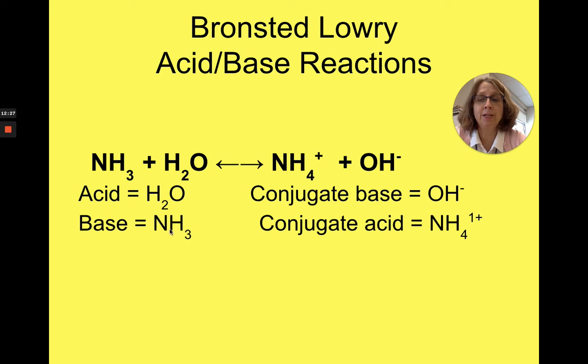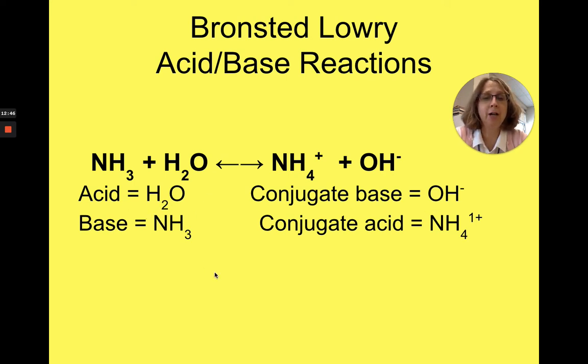And again, notice the base has one less hydrogen. Now, understand why I have a +1 here. The conjugate acid has accepted a H1 plus ion. That's why overall it has a 1 plus. The water has lost a 1 plus, and that's why what's left behind is a 1 minus.